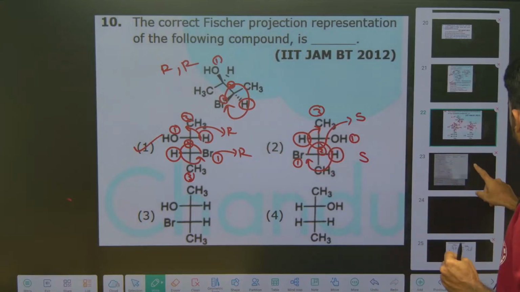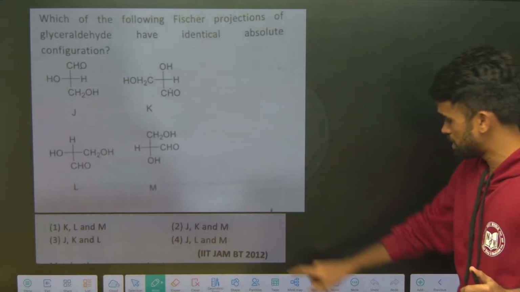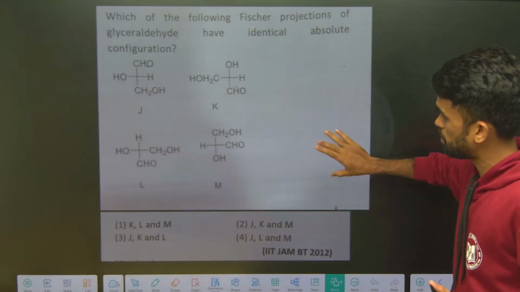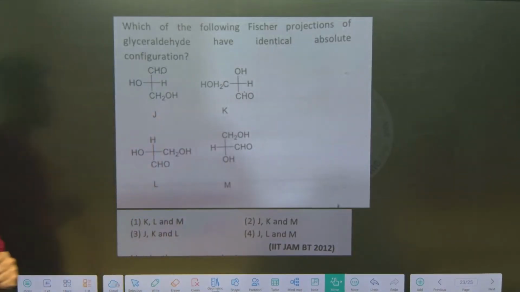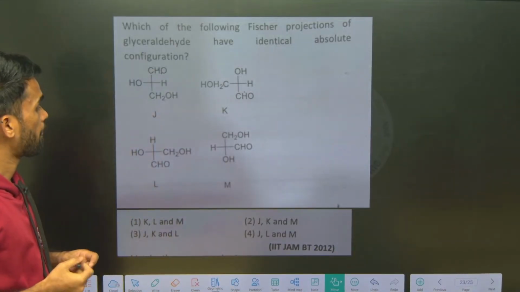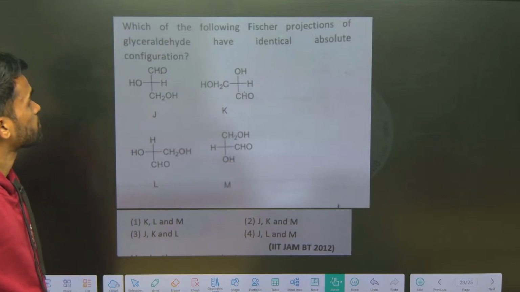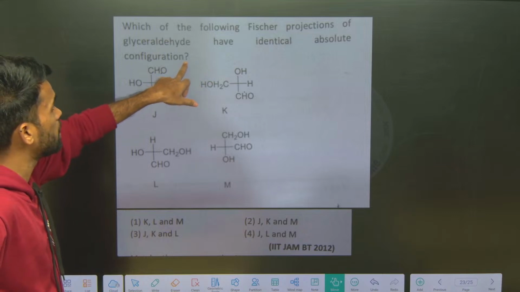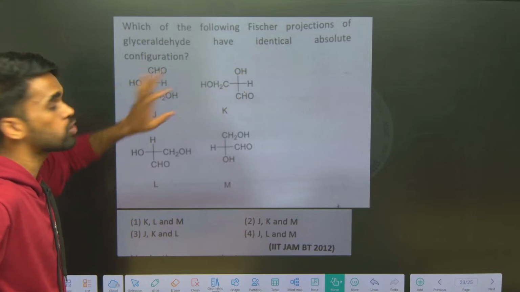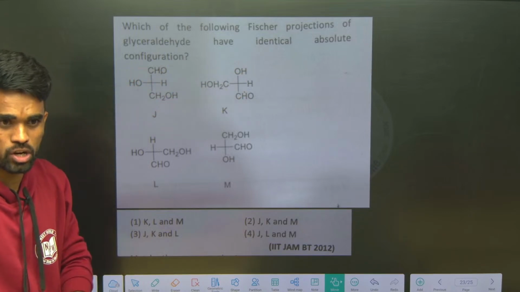Okay. Next. See, whatever you have learned, I want you to apply from that. I know you will definitely answer this. Which one of the following Fischer projections of glyceraldehyde have identical absolute configuration? Absolute means RS configuration.